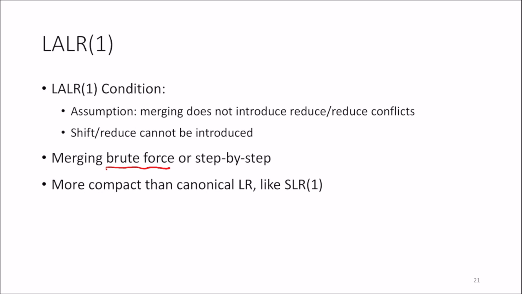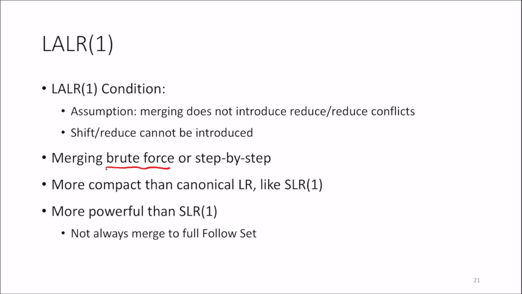So it's more compact, and so the table sizes look more like SLR1 or LR0 for that matter, rather than the canonical LR1. However, it's still more powerful than SLR1 because you don't always merge to the full follow set. So that's what makes it more powerful but more compact. So it's a good trade-off to have in a parser generator.